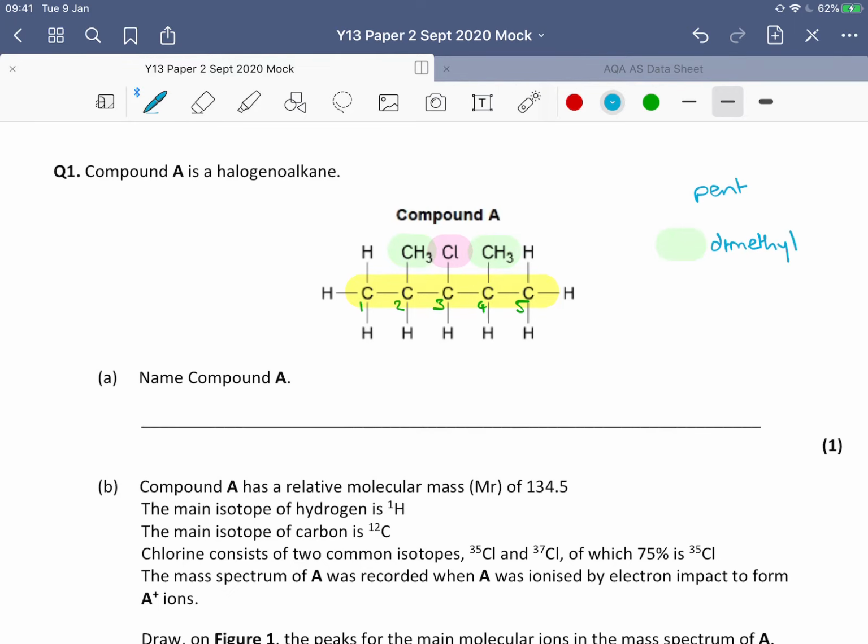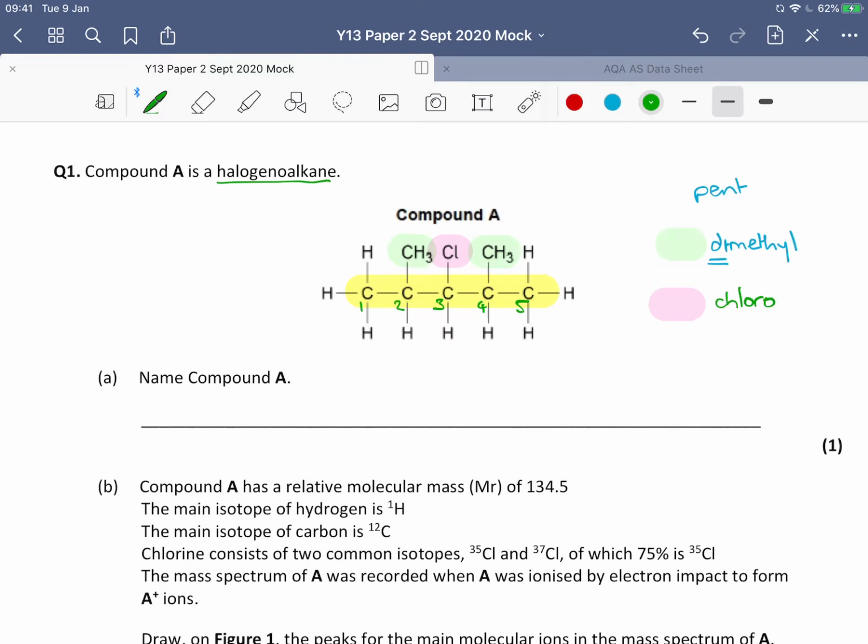And if you miss out the di part when you name, I'm afraid you've lost the mark. They're going to be very, very particular about this. And then the chlorine, that's our functional group that makes this a halogenoalkane. And they did tell us that, they've told us it's a halogenoalkane here. So we're going to have chloro in the name.